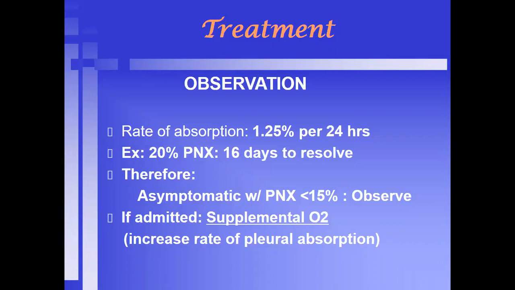And if you give the patient 100% oxygen or a high flow oxygen, then this will blow off the nitrogen in the patient's lungs, and therefore you will have a greater gradient, a difference between the amount of nitrogen in the pleural space and the lungs, no? And therefore this causes diffusion of the air in your pleural space into the lungs of the patient. Okay, so you have faster reabsorption.